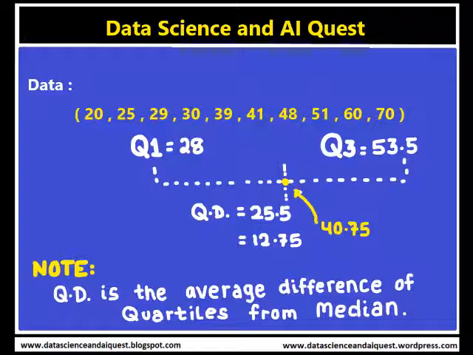If we compute the median, it comes to be 40, and the interquartile range average is coming to be 40.75. So the interquartile range median and the median of the entire dataset are very close to each other. It can also be said that the interquartile range median is approximately the same as the median of the given dataset.